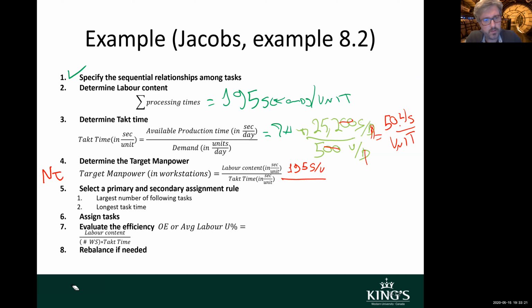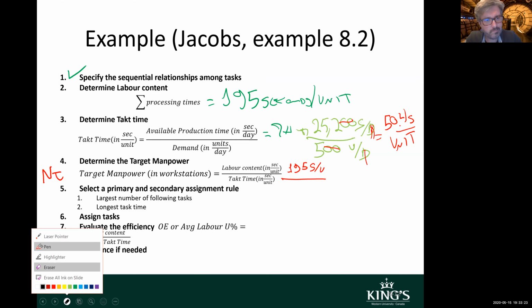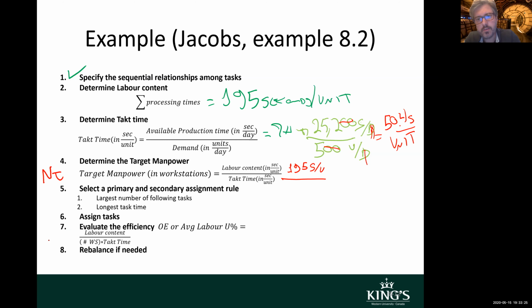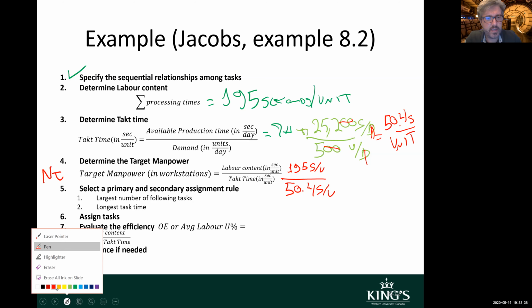Apologize. Let me erase this. And so 195 seconds per unit. And this guy, my takt time, is 50.4 seconds per unit.